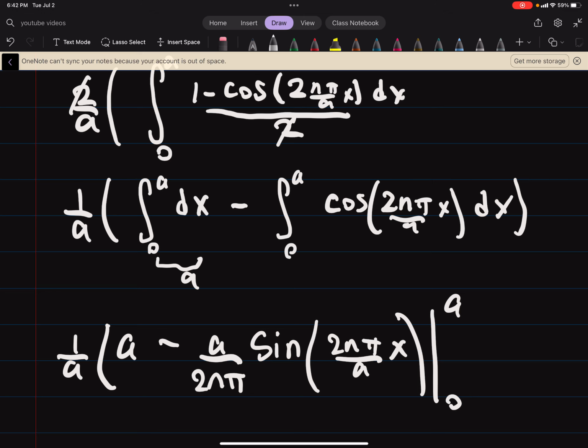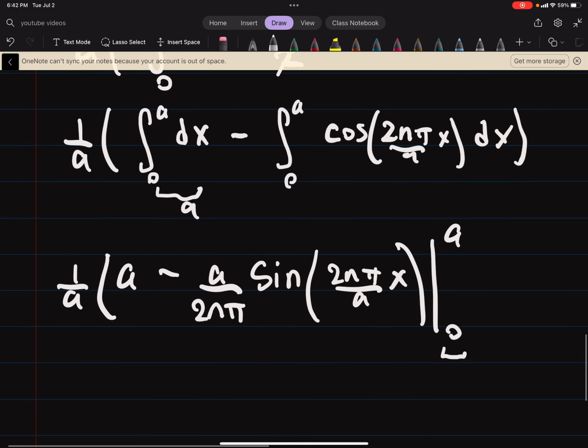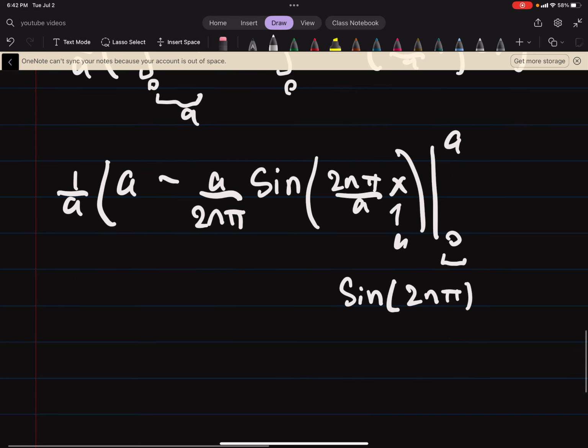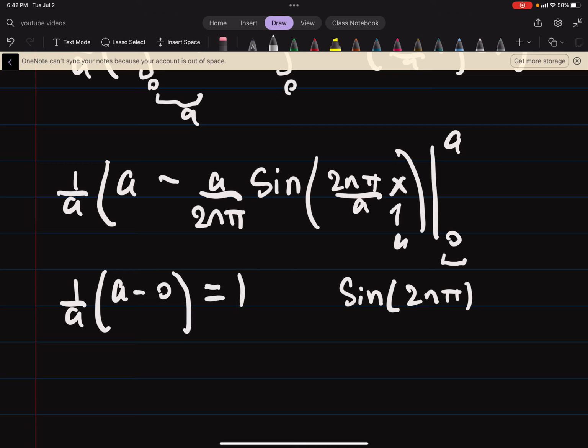Once again, sine of 0 is obviously 0. If we plug in a for x, you're going to have sine of 2n pi, which is 0. So we have 1 over a times a minus 0, which, lo and behold, is just 1.